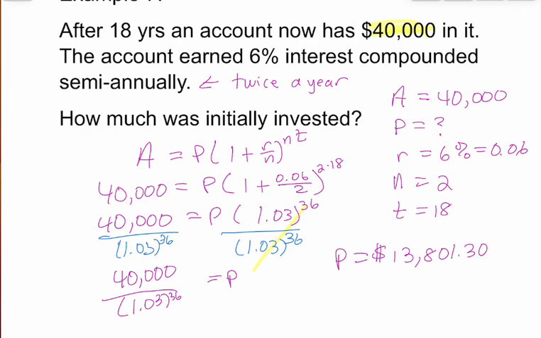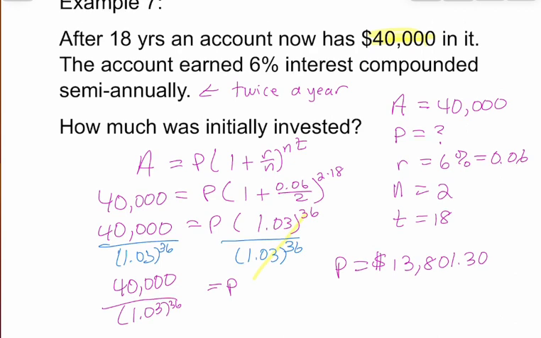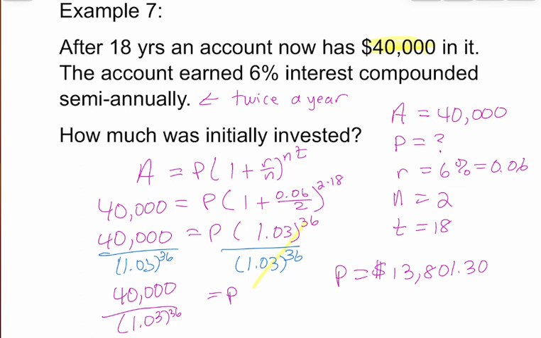Some of them you're just plugging in, getting your number. This one, because we were missing that P, we had a little bit more work to do. So there is example 7. Are there any questions about example 7?